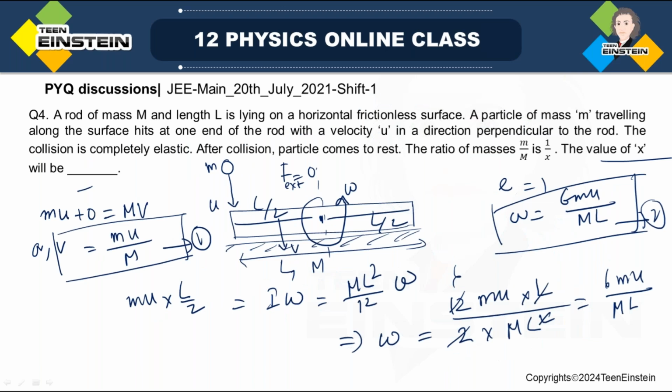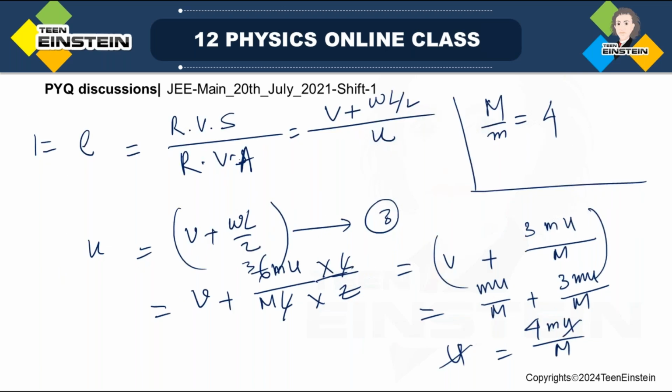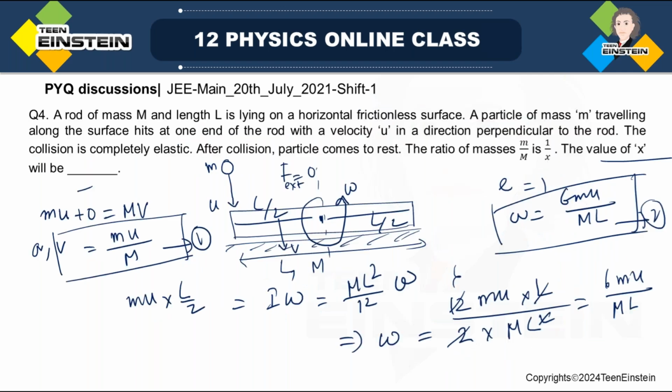Small m by capital M. So small m by capital M is equal to 1 over 4. So if we compare with x, small m by capital M ratio is 1 over x. So x is 4. So this is the answer for the question.